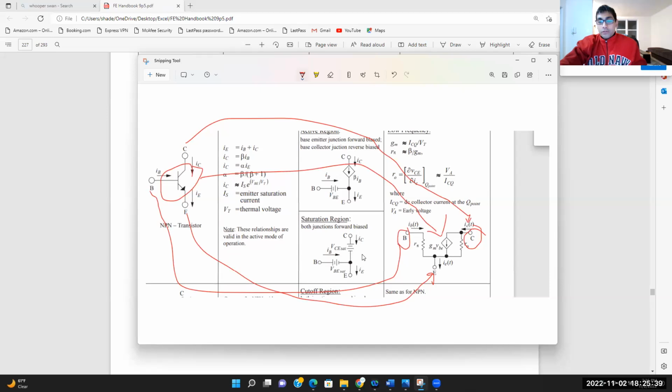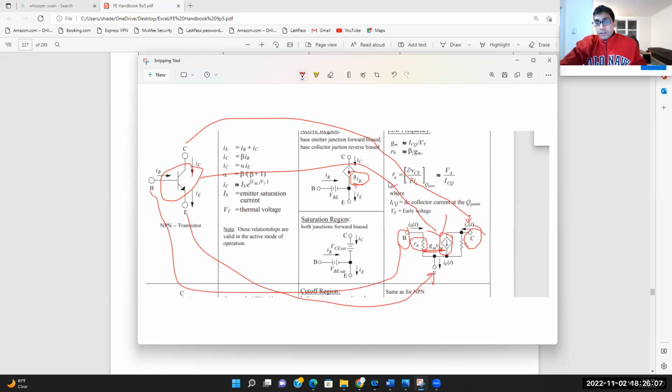Now, what you have to know over here, this is your R pi. Instead of this, you're using this. So you're just changing it from beta IB to gm VBE. And the emitter stays at this.